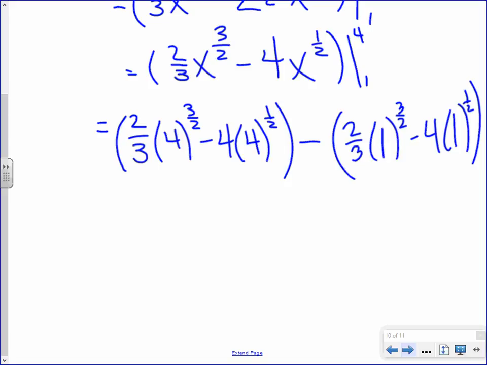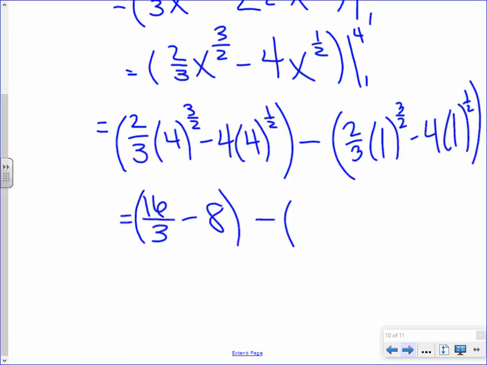4 to the 3/2 we decided was what? 8 times 2 divided by 3. 4 to the 1/2 times 4. Okay. So we have that number minus 24 thirds.